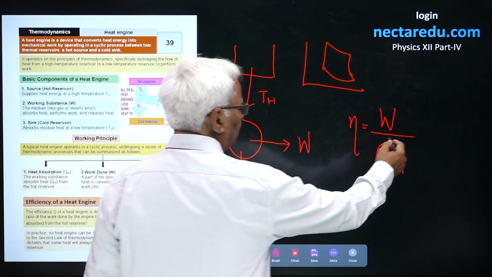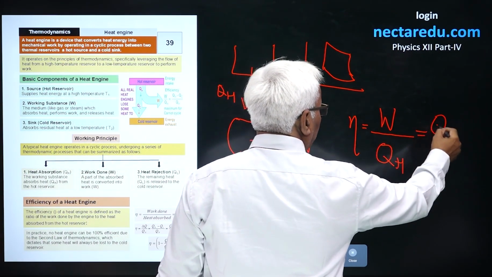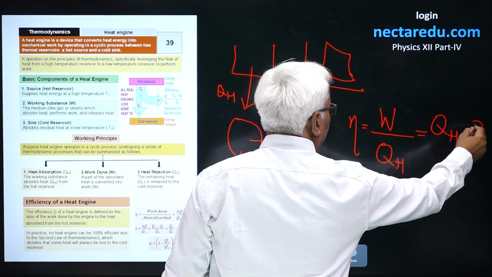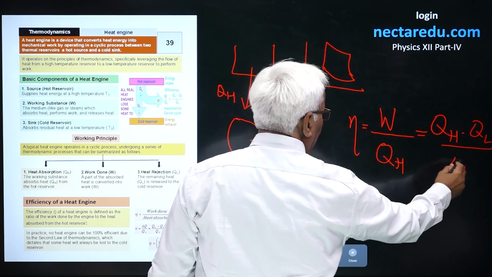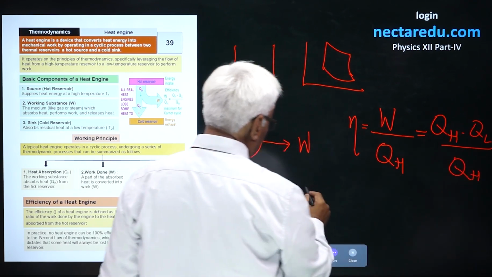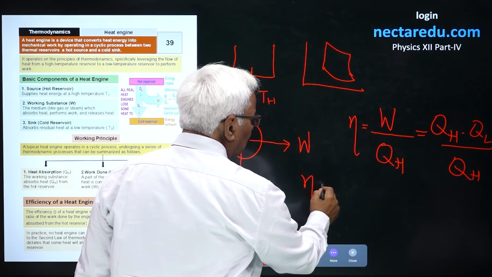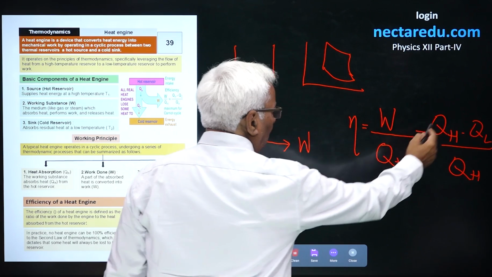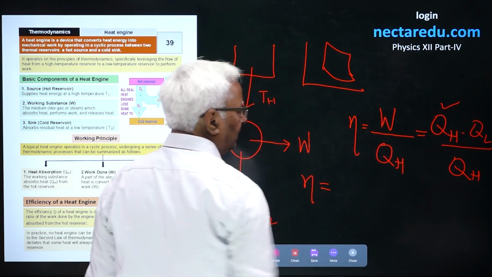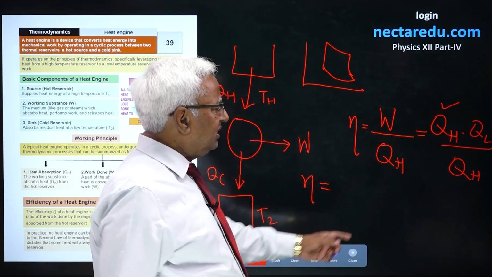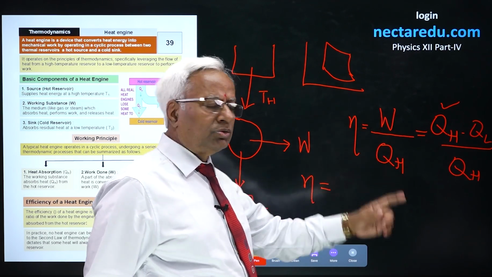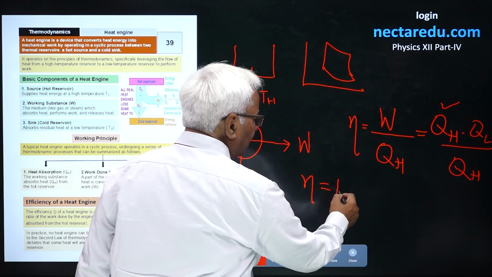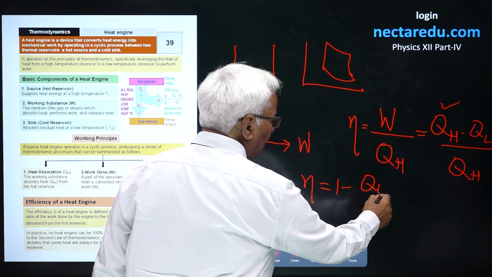That is, QH minus QL upon QH. You could say the efficiency depends on the work done by the working substance and the heat received from the source. It could also be written in this manner.